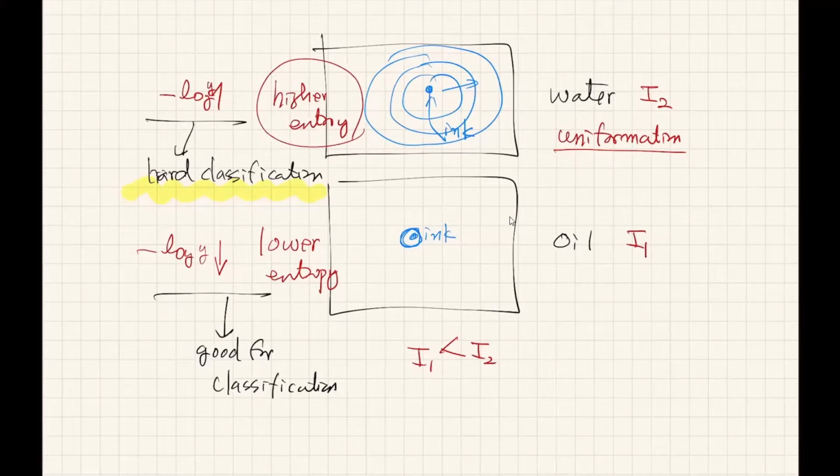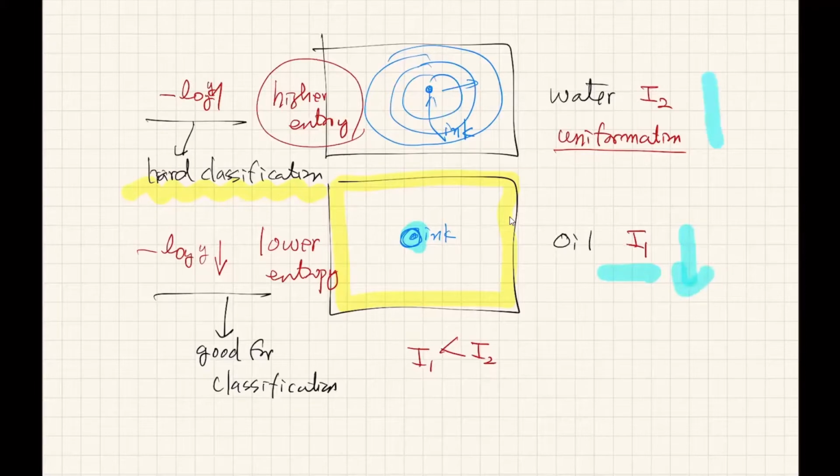Meanwhile, there is another case: let's assume we have an oil, butter oil or whatever oil being used in the kitchen. If you put a small dot of water ink, it will just stay there. It will not spread. That is the case where entropy is lower.